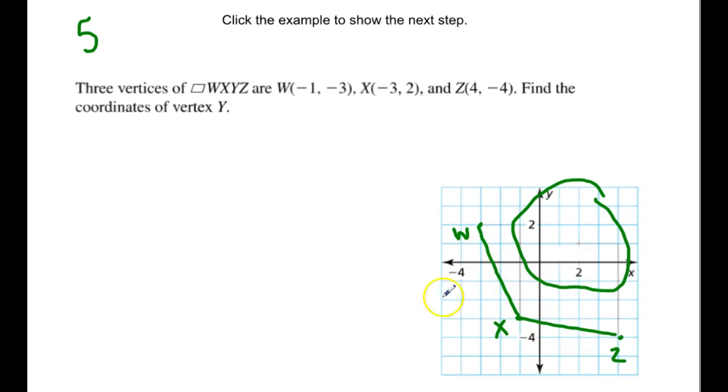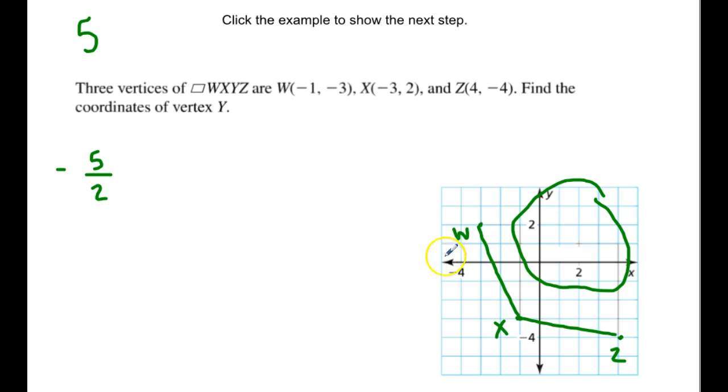So I see that from X, and I know that slope is rise over run. So I go up 1, 2, 3, 4, 5, and I go over 1, 2. And I know that this is a negative slope because as I go from left to right, it's a negative. So my slope is -5/2.